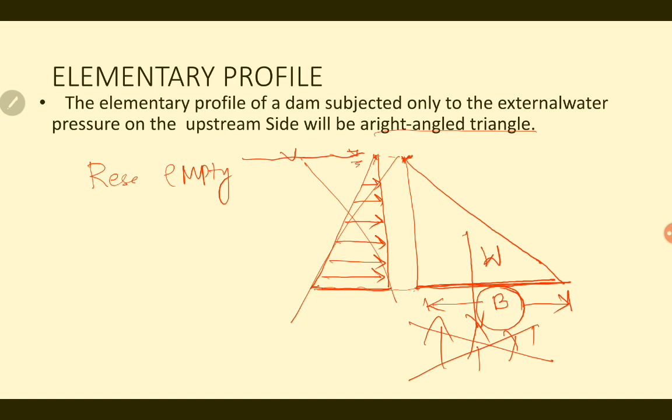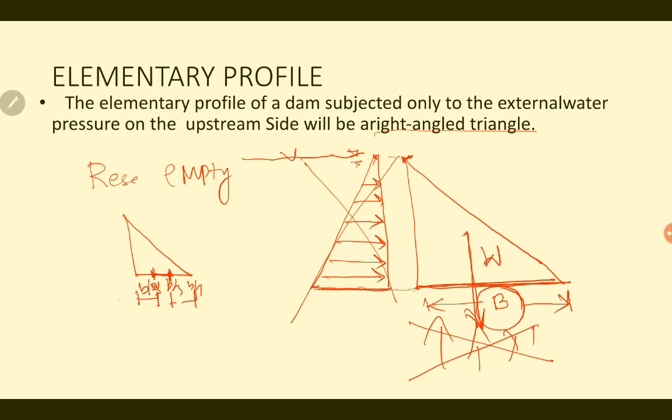Now, when the dam is empty, through which point must the resultant pass for the stability of the dam? We have already said the middle third rule. What does the middle third rule say? If you divide the whole base into B by 3, B by 3, B by 3, and the resultant is within this limit, the dam is going to be safe.